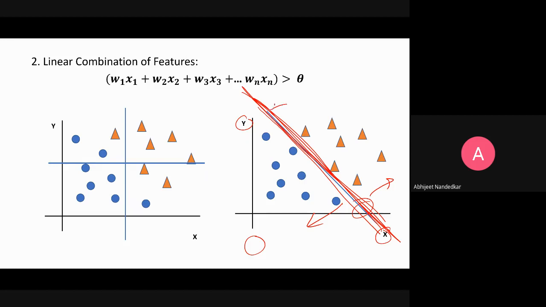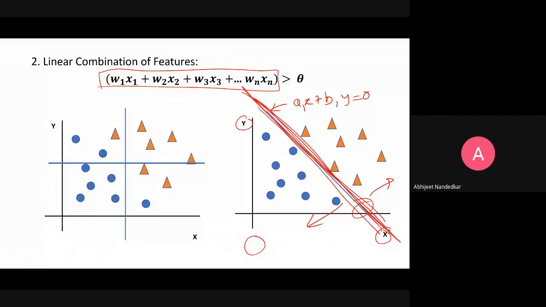This line equation I can write as, suppose, a1x plus b1y equal to 0, or in standard form for n dimensions I can write w1x1 plus w2x2 plus w3x3 and so on up to wnxn. If it is greater than some threshold, on this side, then it is omega 1, or less than that it is omega 2.